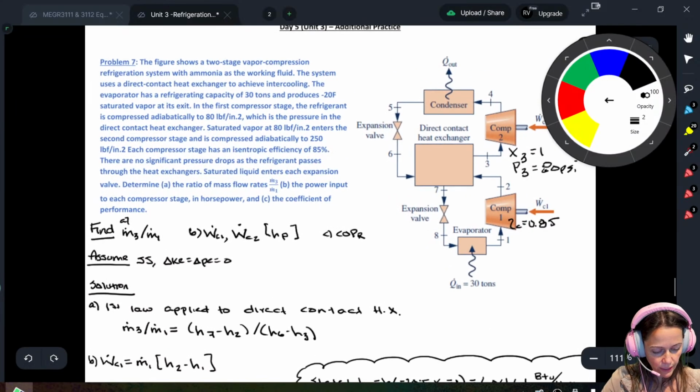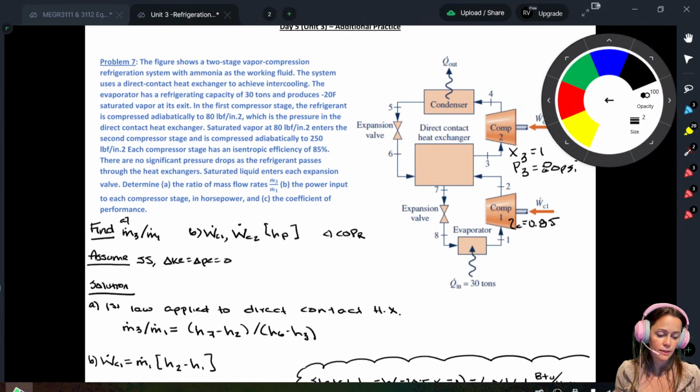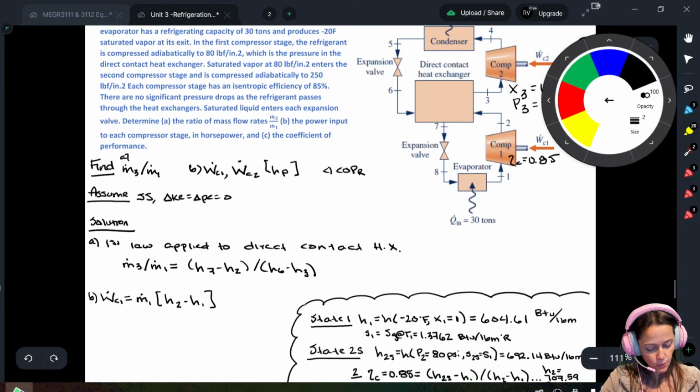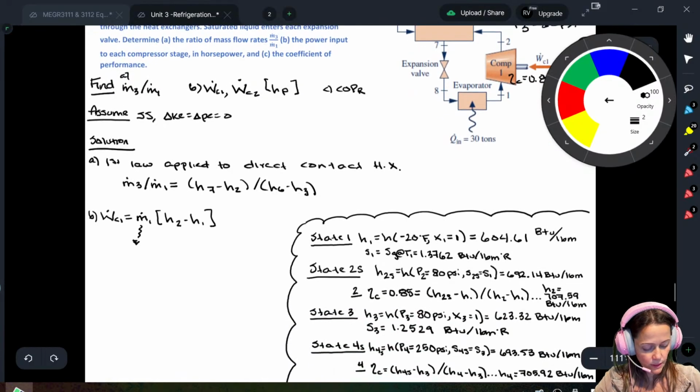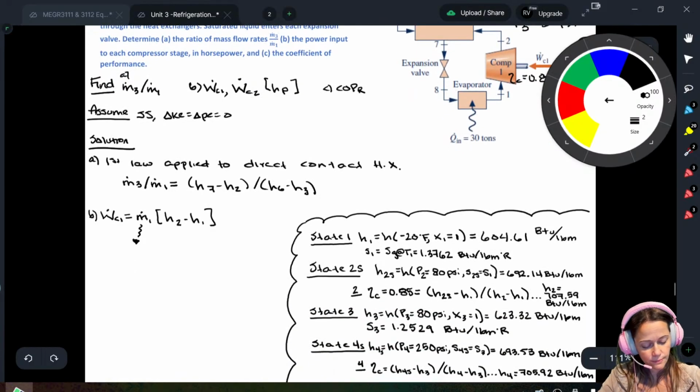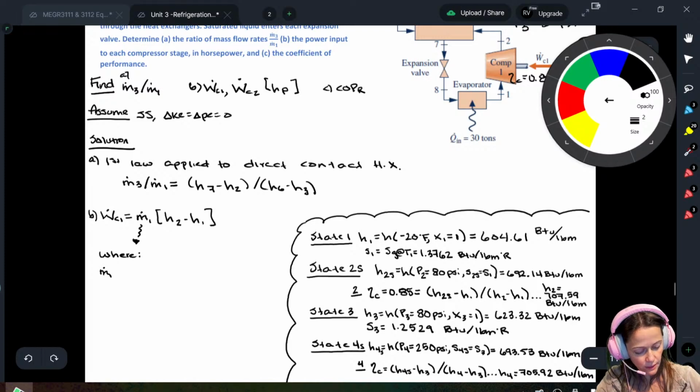If I look at the diagram here, the information that gives me anything about the rate at which things are going on would be my Q dot N. So I'll say where my m dot 1 would just be Q dot N divided by H1 minus H8.